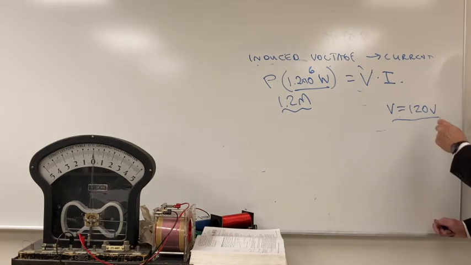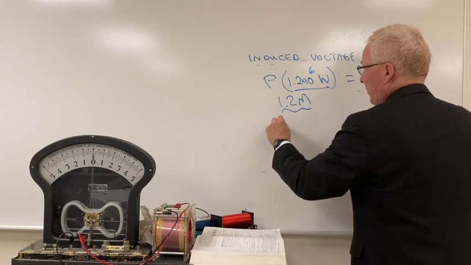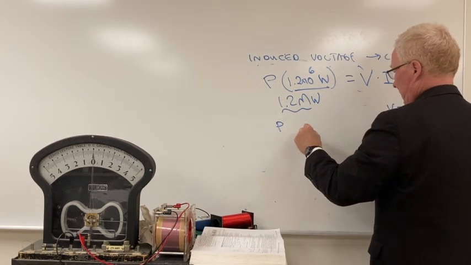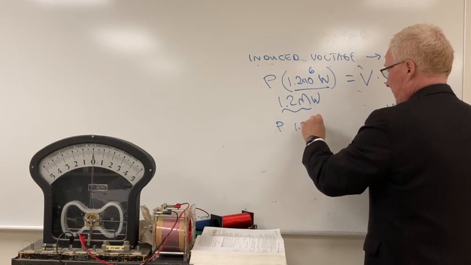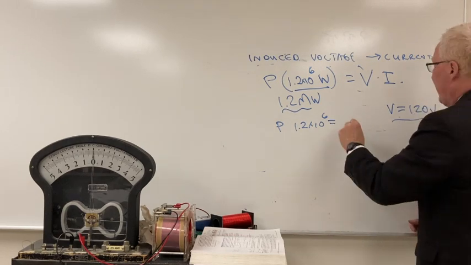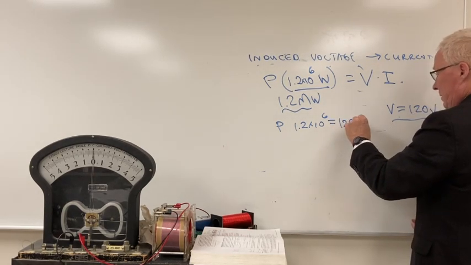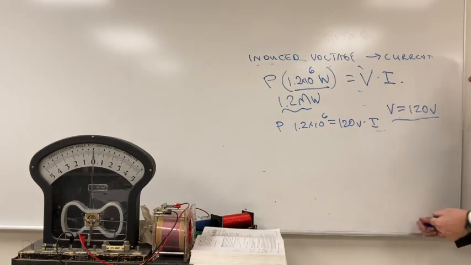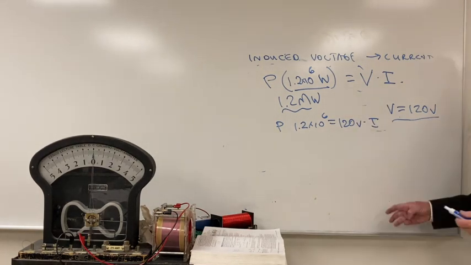If we deliver that power, 1.2 times 10 to the 6th watts, at 120 volts, that's how much current will come out. That's how much current is being delivered.